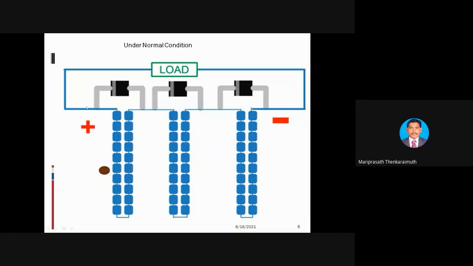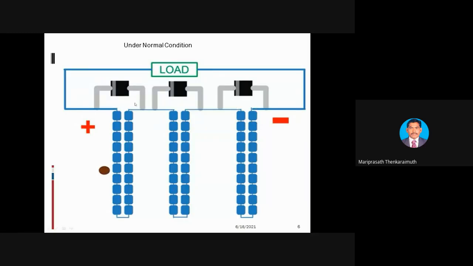For example, they flow from positive in this direction under normal conditions. The electrons never move to this location because it is connected in reverse bias mode, so it offers high resistance compared to this path. That is the reason the electrons move through this path.